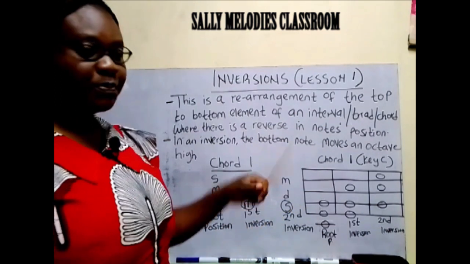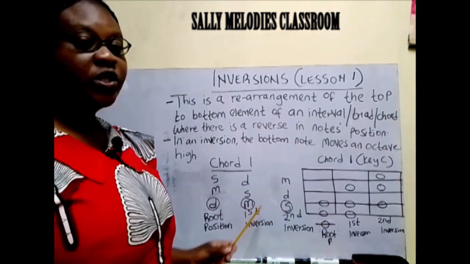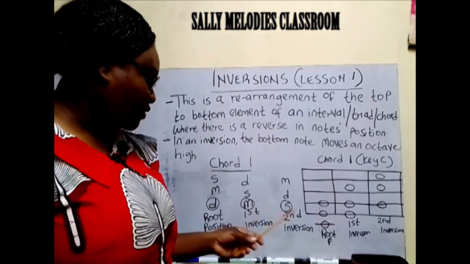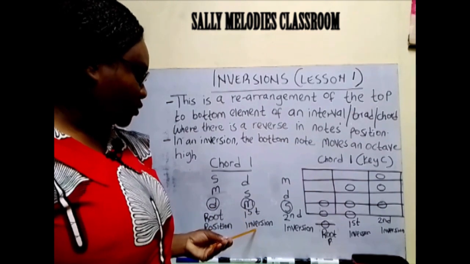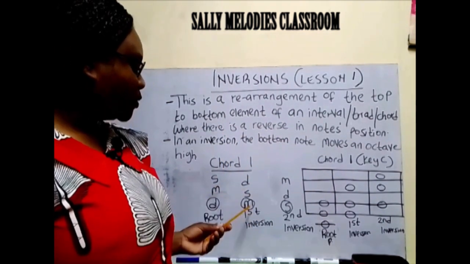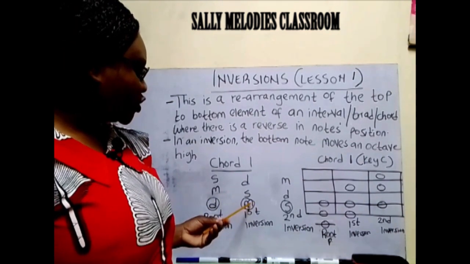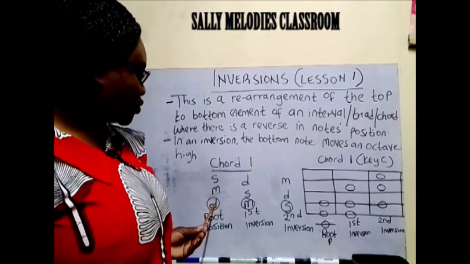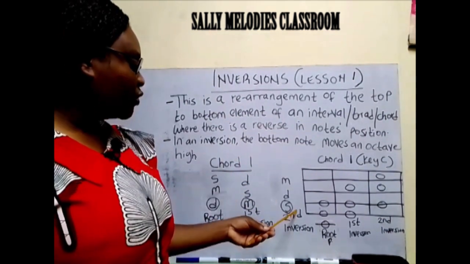As per this level, I want us to deal with these 2 inversions only. When we go to the first inversion, that is whereby the third takes the position of the root. It comes here, it takes the position of the root so that this root will go an octave high. And then we have the second inversion here.